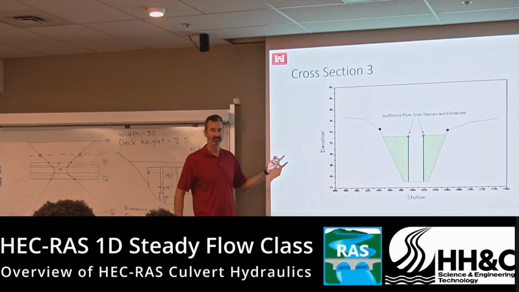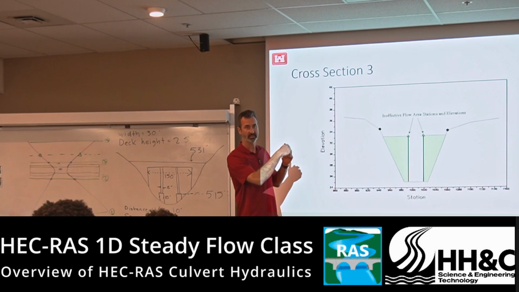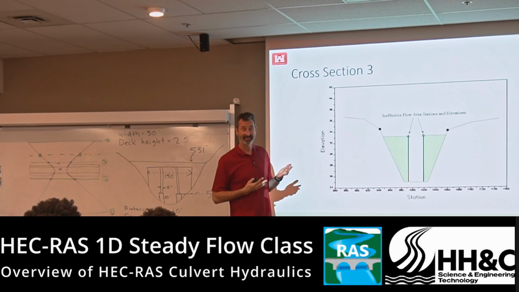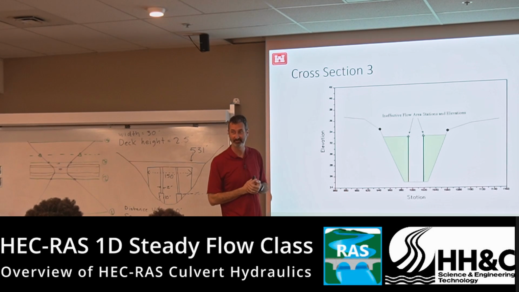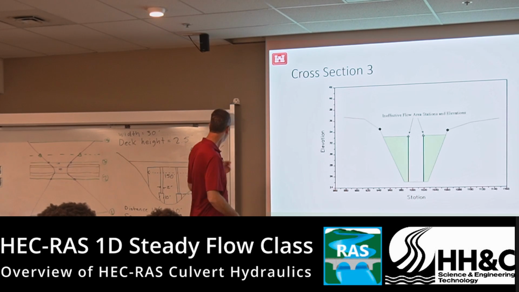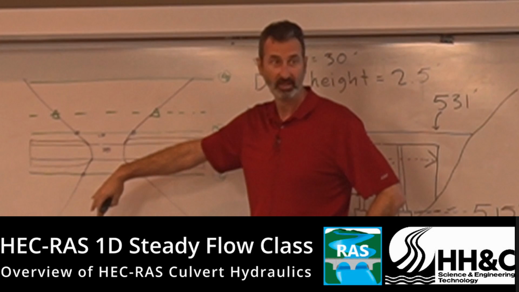What about the elevations? So that's all talk about left and right. But what about elevations? Well, the elevations are what they need to be to achieve what you want. And what do you want? Well, when water's going through the culvert, we want it to contract and go through.